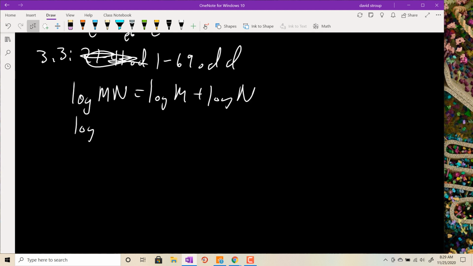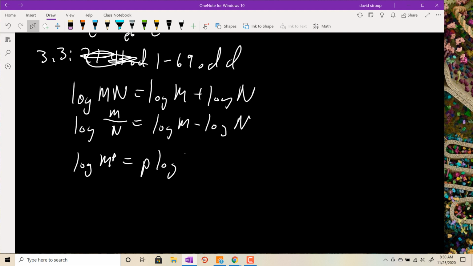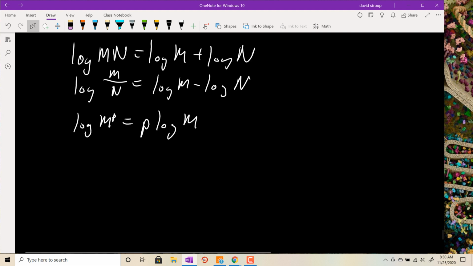If you have log of m divided by n, so as long as n is not 0, you have the log of m minus the log of n. And then if you have log of m to the p, that's equal to p log m. So you have to have those rules embedded in your brain.